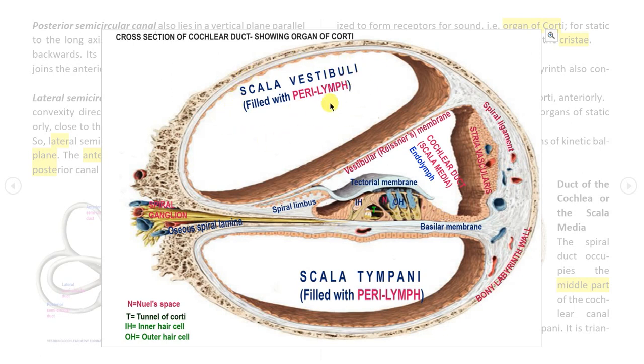Space is on the upper side and lower side, as we have seen earlier. The upper space, scala vestibuli, and the lower space, scala tympani, are both filled with the same fluid, called perilymph. This is continuous at the helicotrema, as we have seen earlier. Inside, this one represents our cochlear duct. It is filled with endolymph.